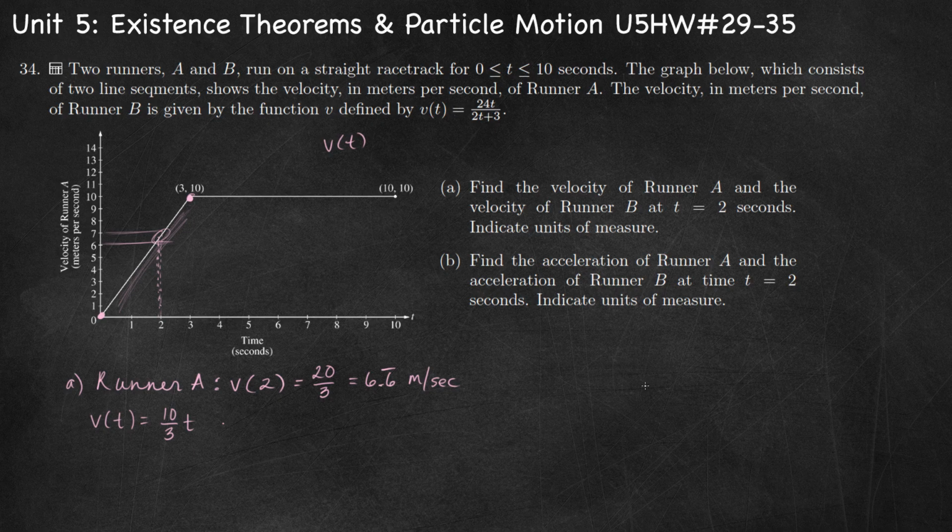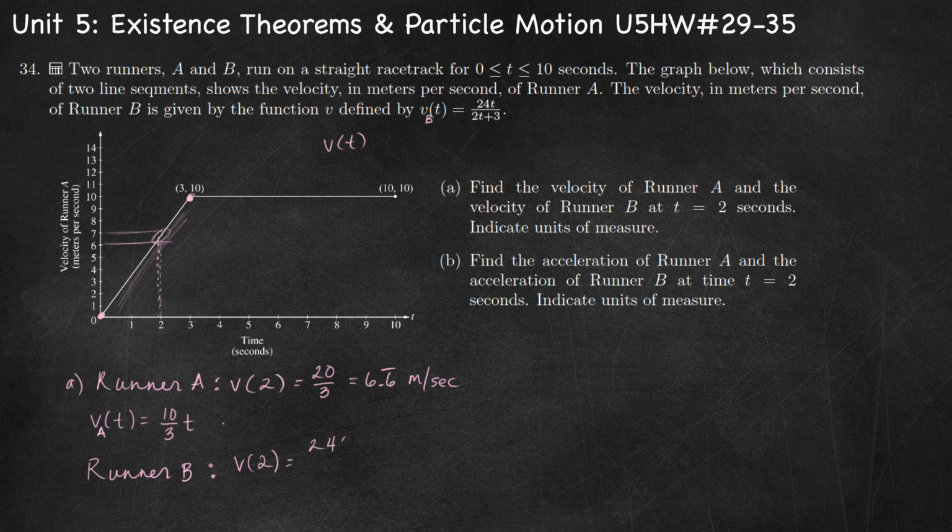For runner B, we're going to use the equation that we were given for runner B. I guess I should have called this one something other. Let me call it V sub A to avoid confusion there. Runner B, my equation up here, I'm going to call that V sub B. And to find V of 2, I'm going to substitute 2 into that equation.